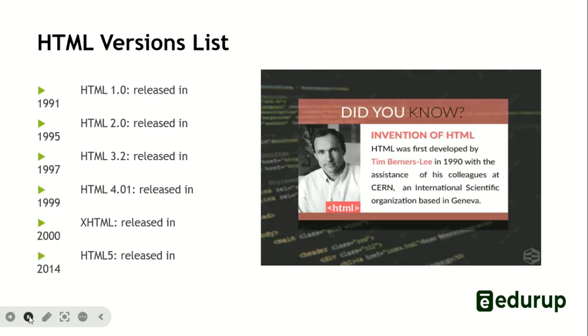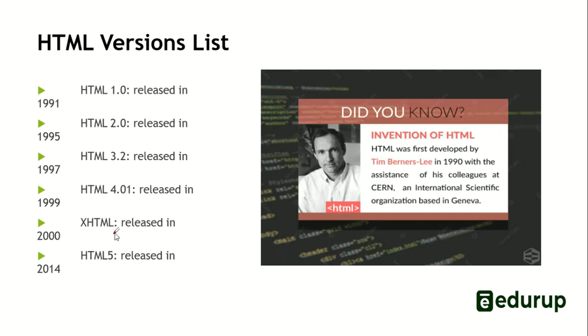Next, going ahead with the HTML versions list. The first version, released in 1991, is version 1.0. HTML 2.0 was released in 1995, 3.2 in 1997, and 4.01 in 1999.